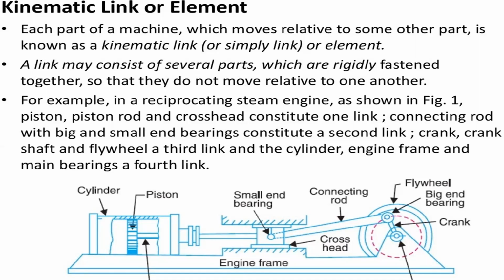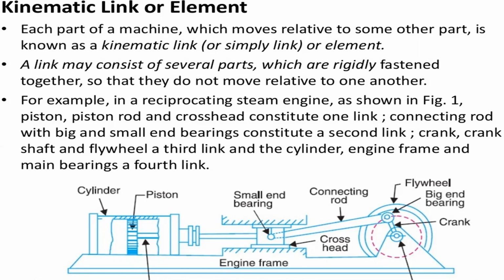For an example, in the picture below you can see the reciprocating steam engine. The piston rod and crosshead constitute only one link. The connecting rod, with big and small end bearings, is the second link.